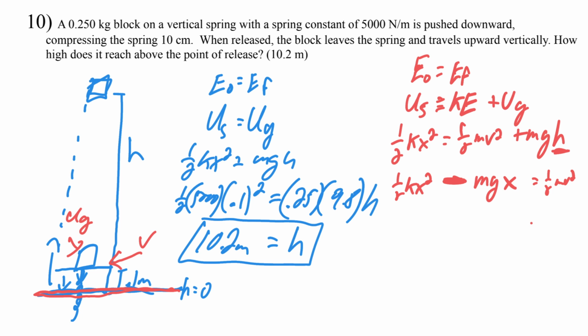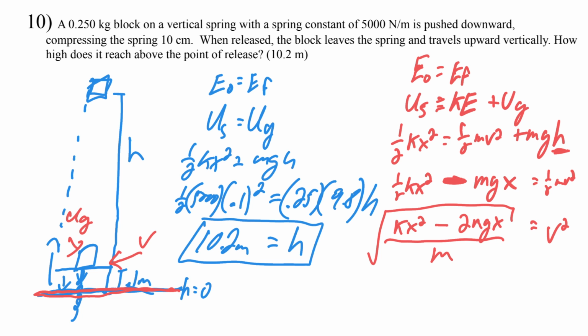Okay, so I said we do it with variables, so let's go ahead and do it with variables. Multiply both sides by 2, so that's going to cancel out the half, so you'll get kx squared, and then we'll go minus 2mgx, and then we'll divide by the m. Divided by m, that equals v squared, and so if we square root both sides, we'll get that. So if they asked us to solve with just variables, there's that beauty right there. Let's go ahead and plug in the numbers and see what we get. So what was k?